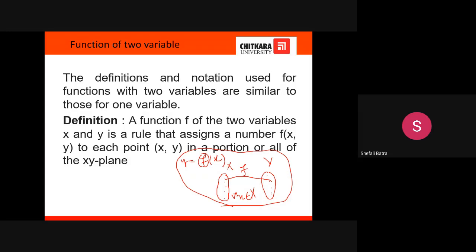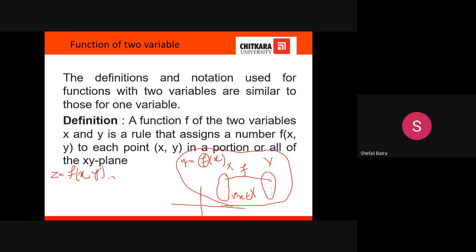In this, what is the domain? Domain is only the x-axis. You write it like this, no? This x-axis is the whole domain and this y is your range. Right? Now, function of two variables. I am writing z is a function of two variables, x comma y.